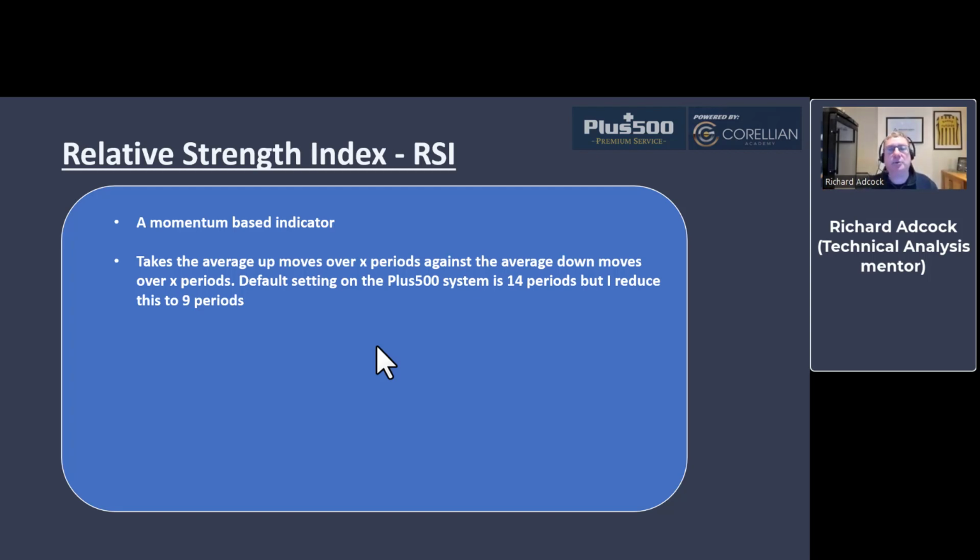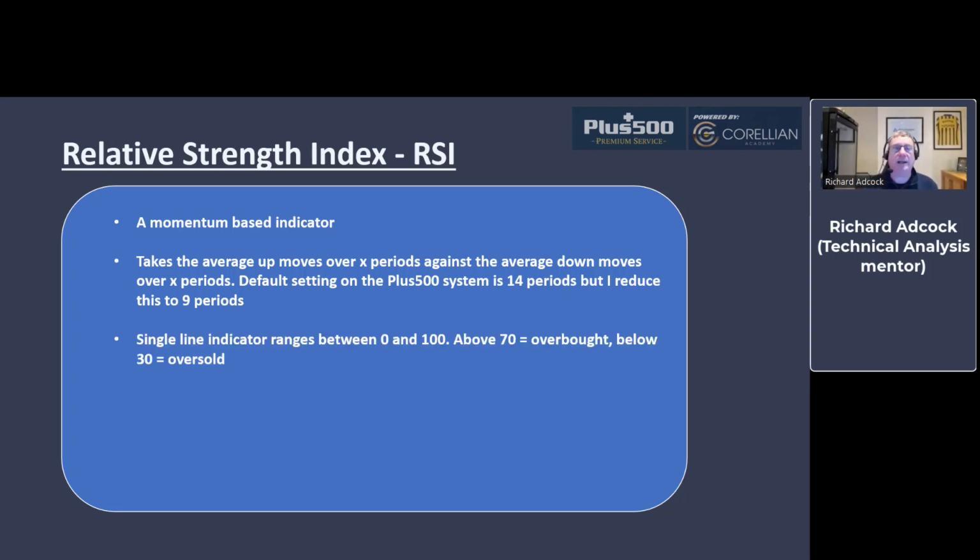Now, the default setting on the Plus500 system is 14 periods, but I've shortened this to 9 periods. And this basically allows me to see slightly quicker signals. There's less smoothing factor within the calculation, and it just means that we can get some earlier signals and turning points potentially within the markets themselves as we run the indicator.